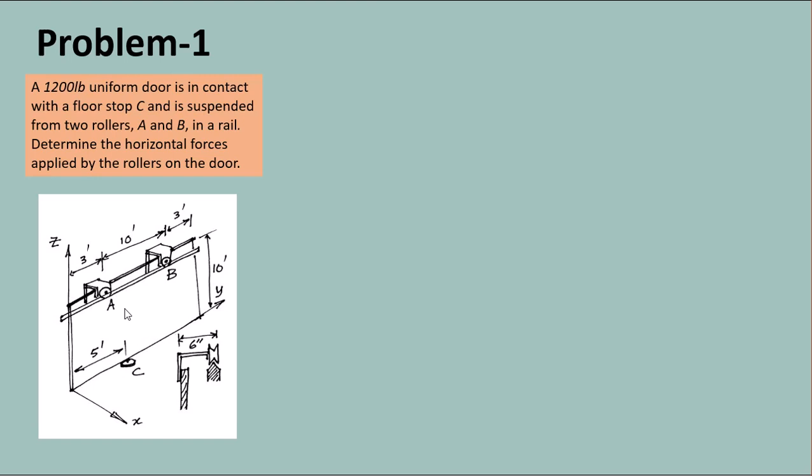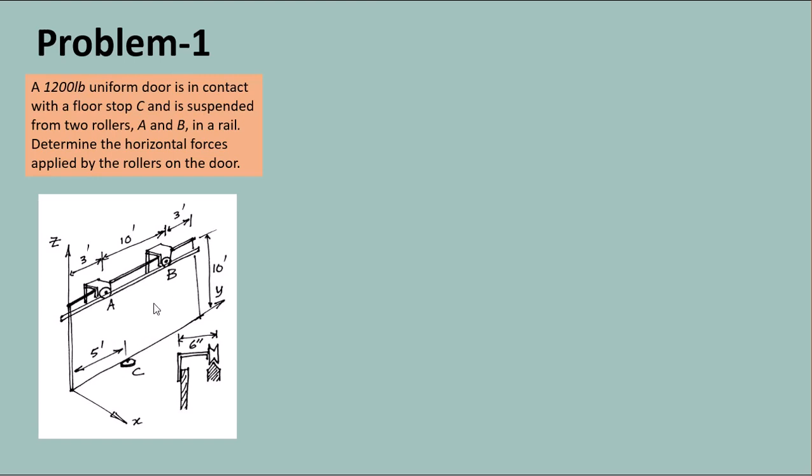A 1200 pounds uniform door is in contact with a floor stop at C, this is C, and is suspended from two rollers A and B in a rail which is horizontal here.